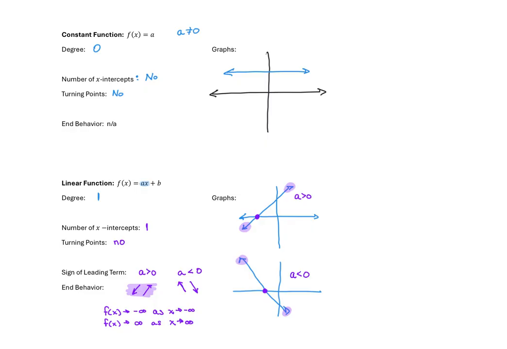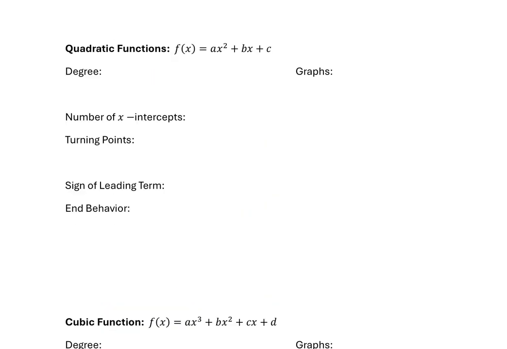Now we're going to get into ones that we kind of think more of as being polynomials, but we're still going to start out with something that we are familiar with. The next one that we're going to look at is quadratic functions. Quadratic functions, we know, are ax squared plus bx plus c.